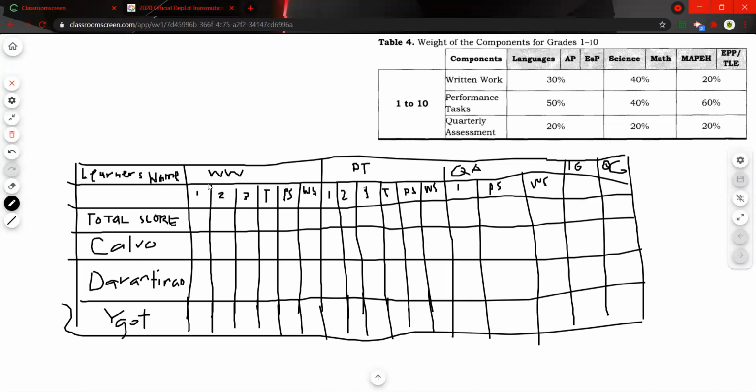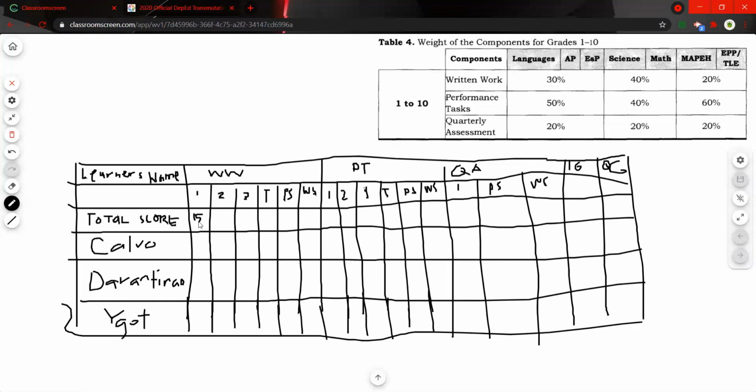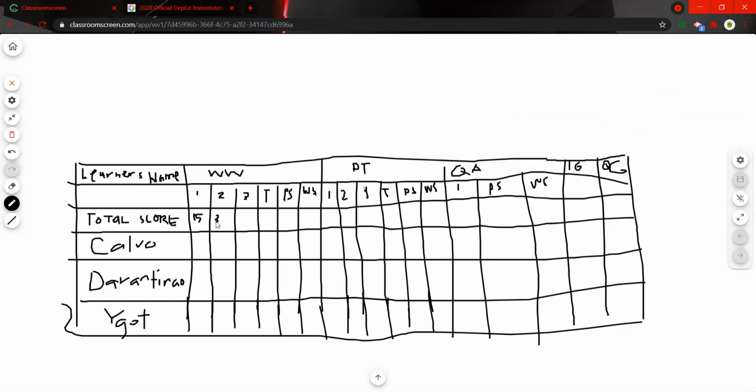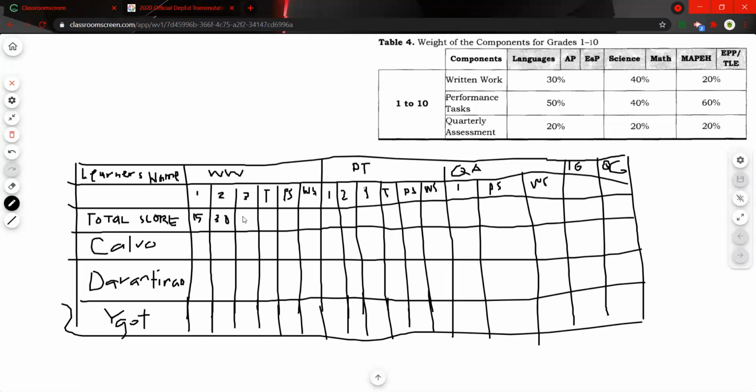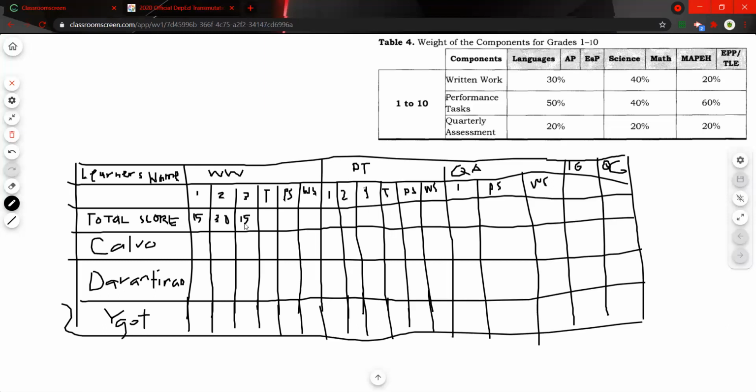For example, in our written works, the total score of the first written work is 15, the second written work is 30, and the third written work is 15.